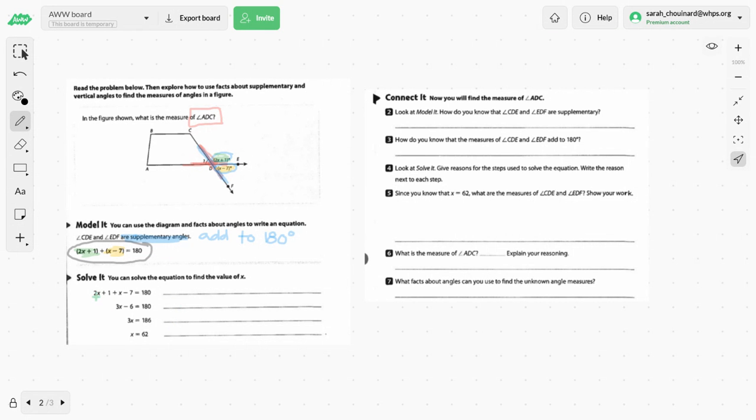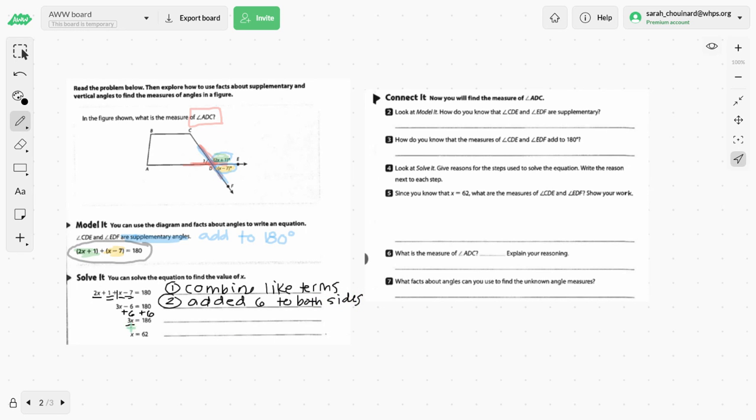So the first thing they did was they combined their like terms. So step 1 was to combine like terms. So 2x and 1x, remember there's an invisible 1 there, make 3x. 1 and negative 7 make negative 6. Then they need to get rid of the negative 6 by doing an inverse operation. So they added 6 to both sides.